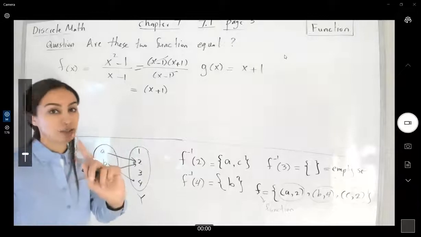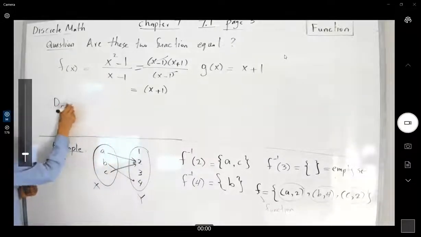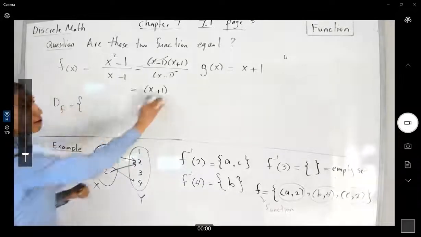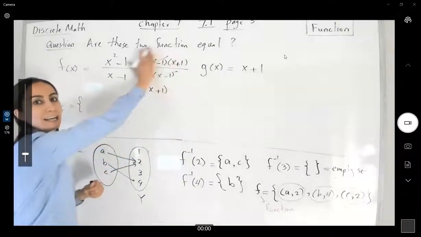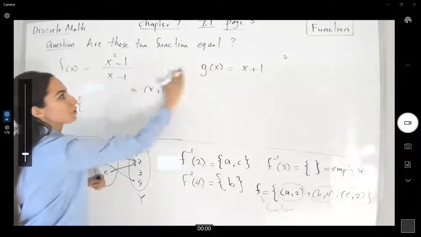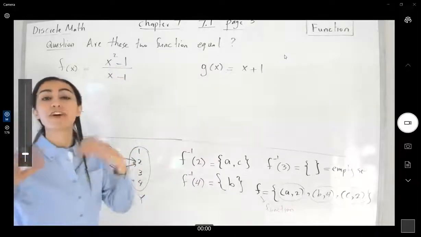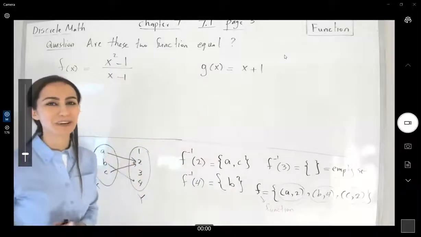Well, you have to stop a little bit. We do not evaluate the domain of function f after simplification. We have to forget about simplification and get back to the original function when we're talking about the domain of the function.